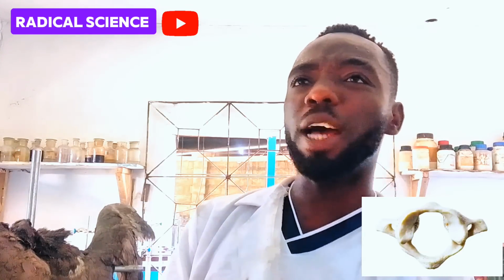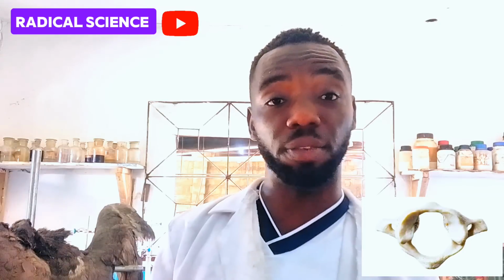That is the name, atlas. Please remember, the way they ask this question, they may ask you to identify. When you are asked to identify, it simply means you should write the name. That is all they want from you.